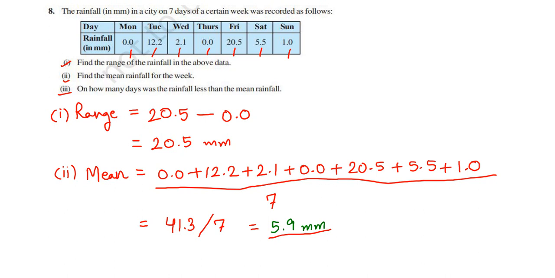So here you can count on Monday, Wednesday, Thursday, Saturday and Sunday, that is 5 days. On these 5 days the rainfall was less than the mean rainfall: 0.0, 2.1, 0.0, 5.5, 1.0. All these numbers are smaller than 5.9. So your answer for the third part will be 5 days.